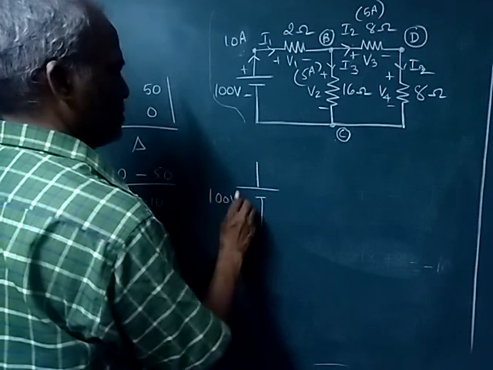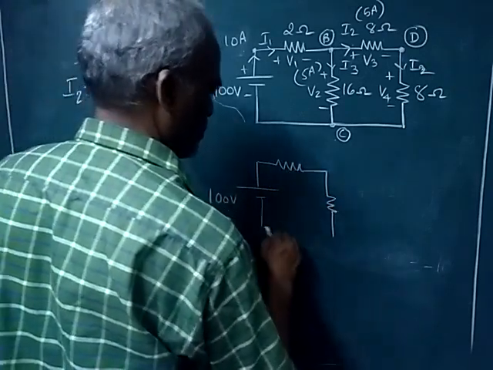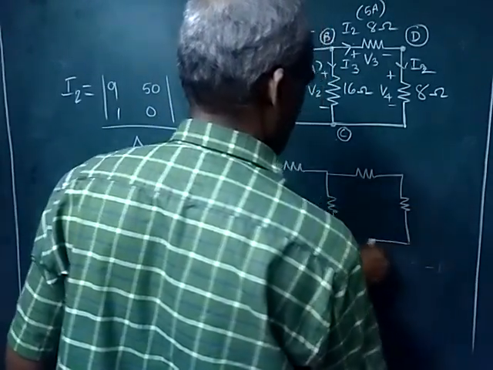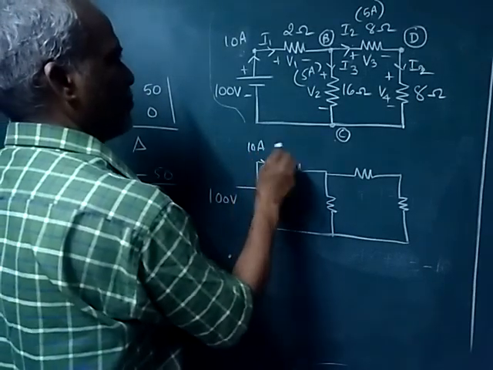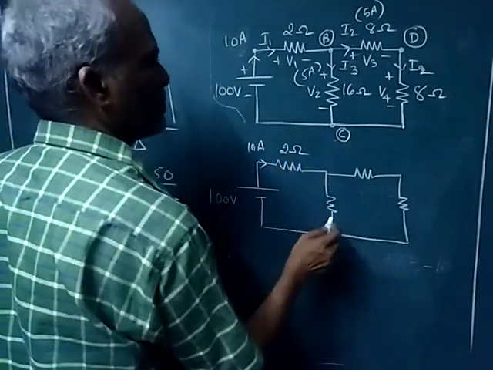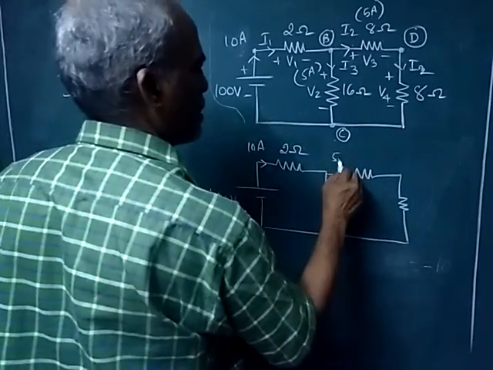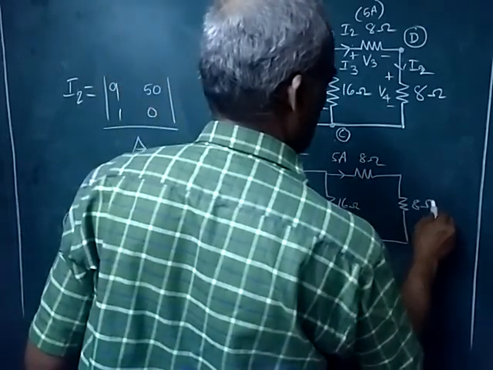This is 100 volts. Now if you see, the current here is 10 ampere, this is 2 ohm, this is 16 ohm, this is current I2 which is 5 ampere, 8 ohm, 8 ohm.